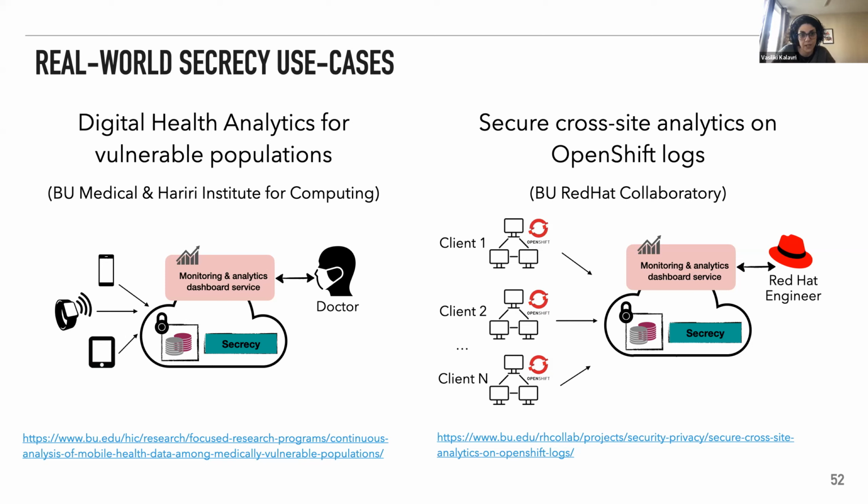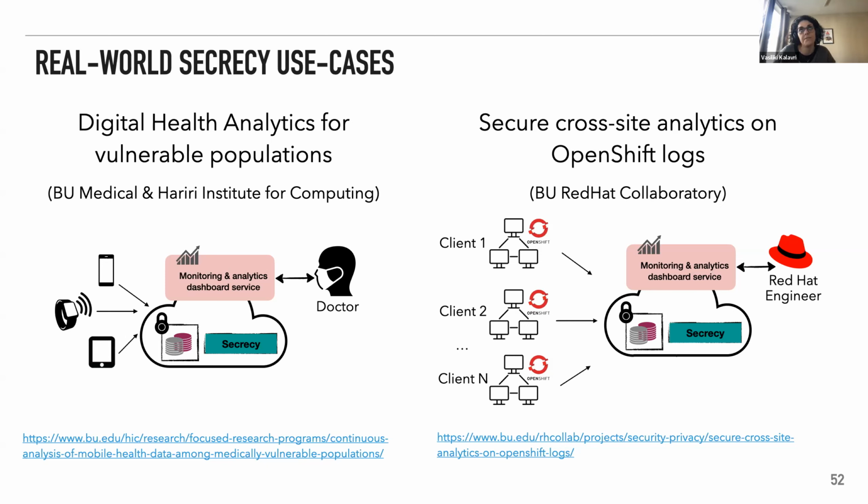And the second use case where we are deploying Secrecy right now is in collaboration with Red Hat, who want to do secure cross-site analytics on OpenShift logs. So the idea here is that Red Hat has multiple clients who run OpenShift on their local cluster.